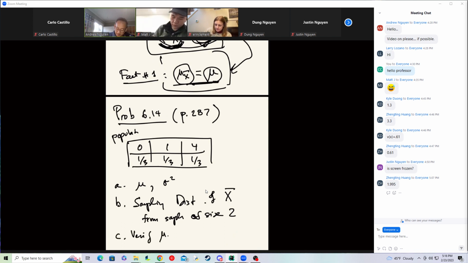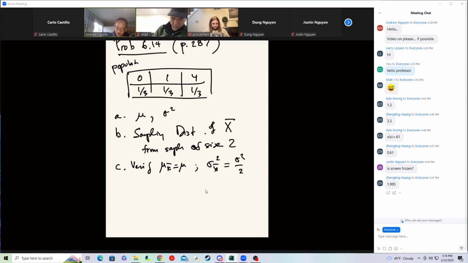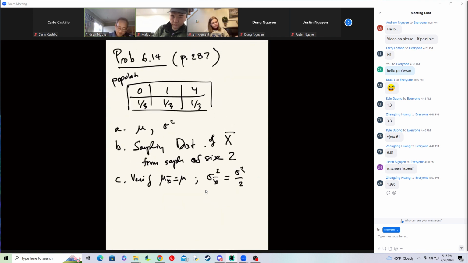Then verify that mu of X bar is mu and variance of X bar is variance divided by 2, just like what we did. That's basically the problem. So go ahead first, calculate these 2 numbers.